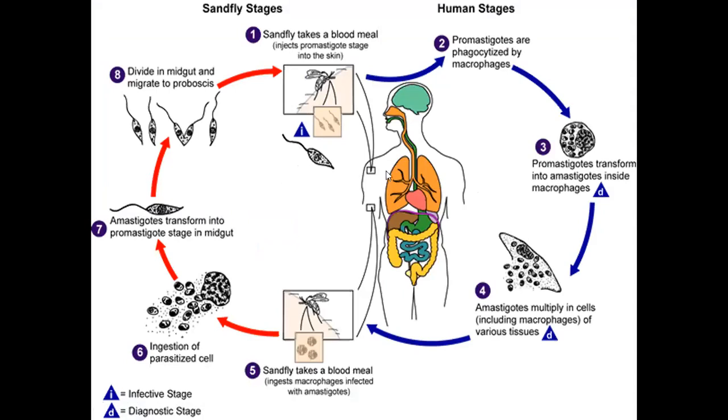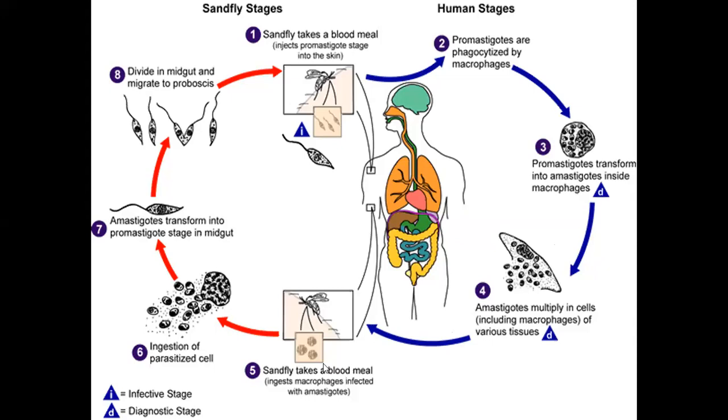These promastigote forms would be taken up by the macrophages, and within the macrophages, they are going to be transforming into the amastigote or the rounded structures. Once this happens, they start multiplying by binary fission. When a large number have been produced, this macrophage is going to burst open, and with the bursting open, these amastigote forms are going to go into the tissues.